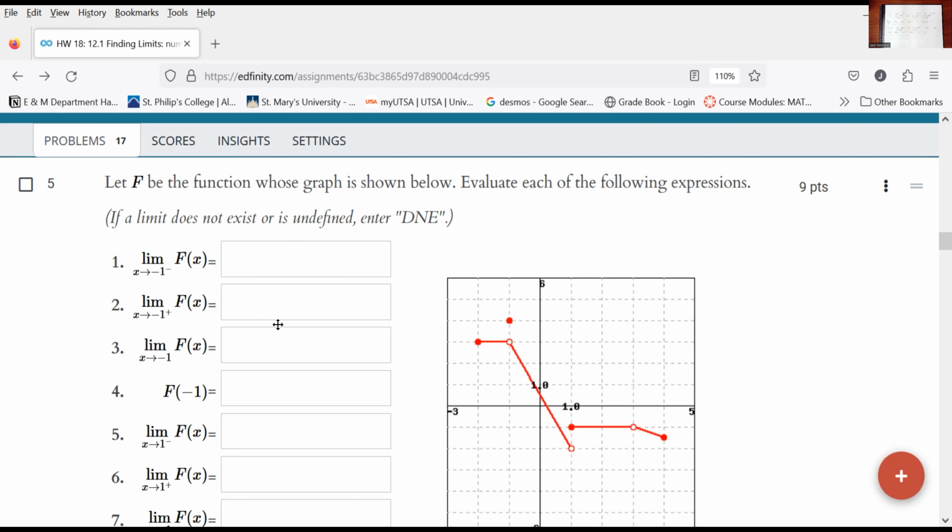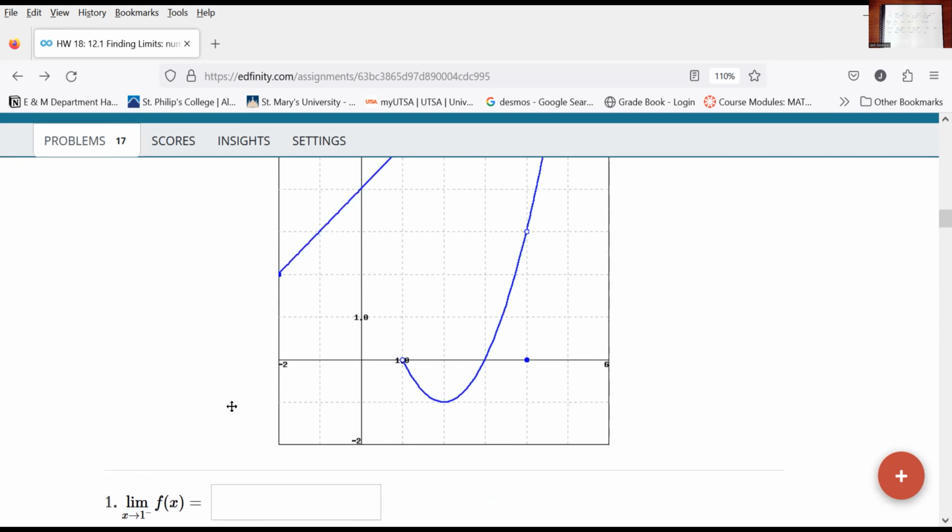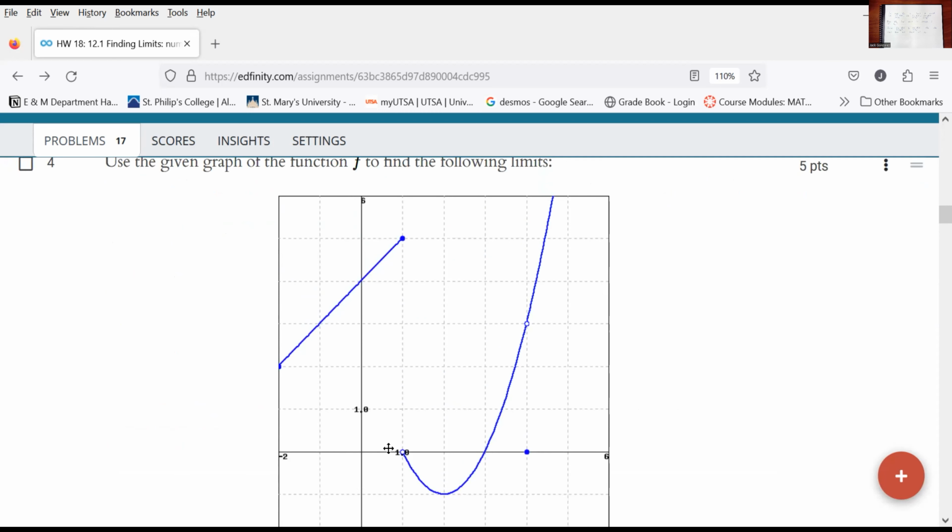The two sides are not the same, so the limit does not exist. And then check, can I plug it in? Is there a defined point for f of -1, or is there a hole? It looks like we have a point there, but a hole here. So you would use this number, not the bottom one. Yeah, the y value, because you're plugging in -1.